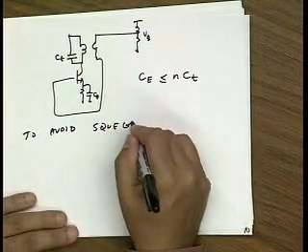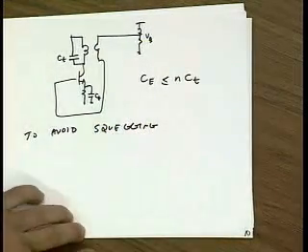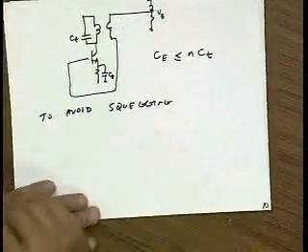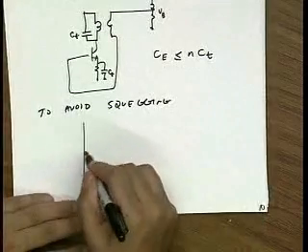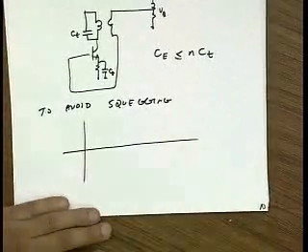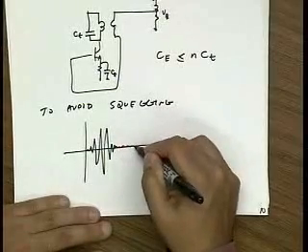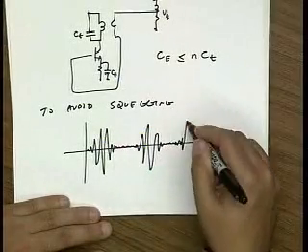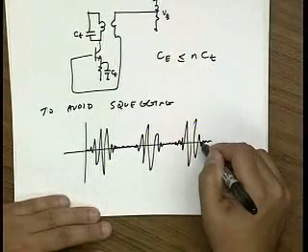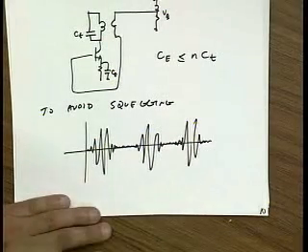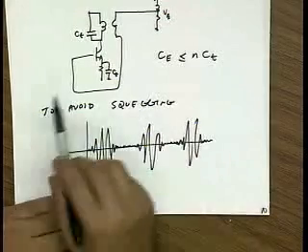squegging. Okay? This may be a new word to you. Squegging is, I'm sure some English person came up with this word. Sounds very English. Squegging is this phenomenon where you basically observe your oscillator doing something like this. And Al talked about it in his lecture. The idea is that there's some kind of oscillation going on in your bias circuit.